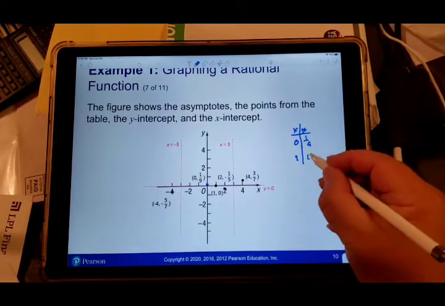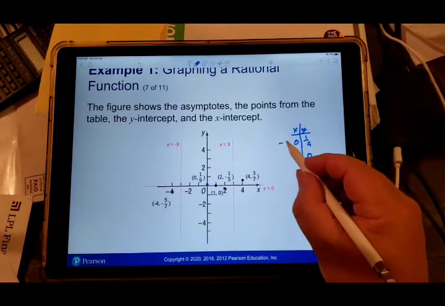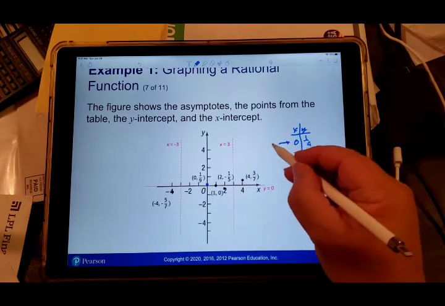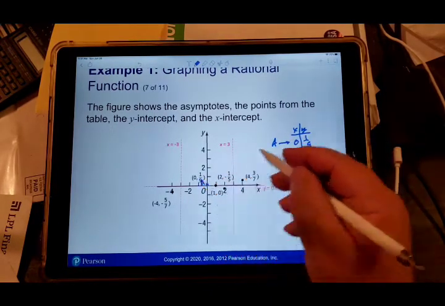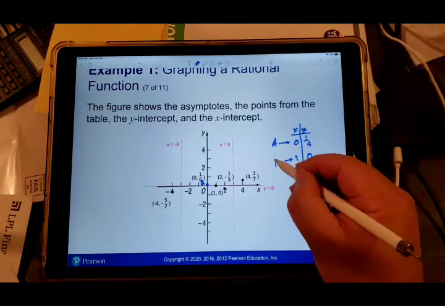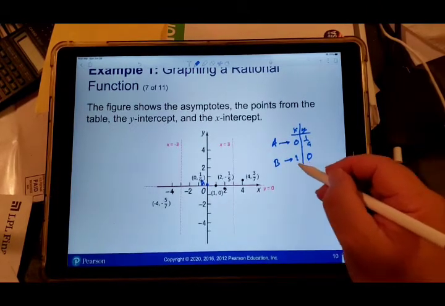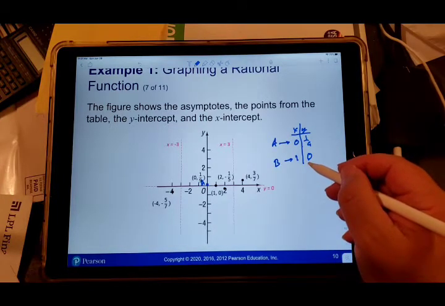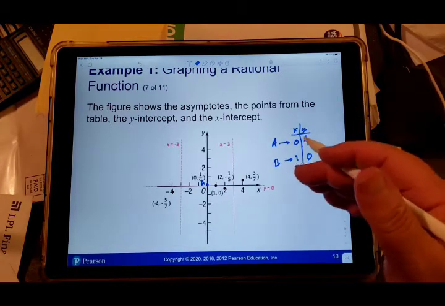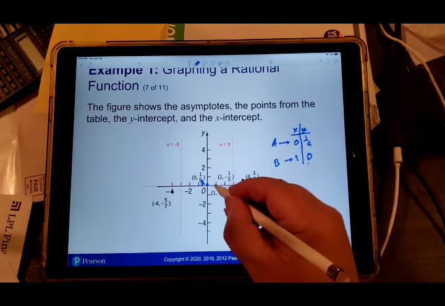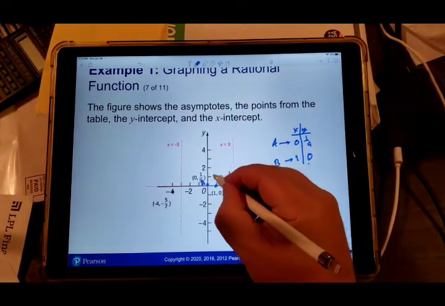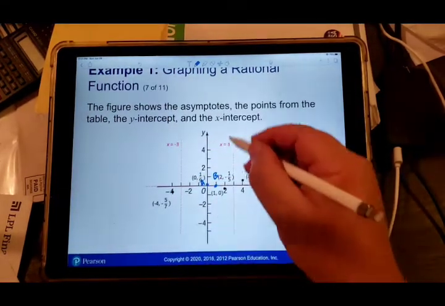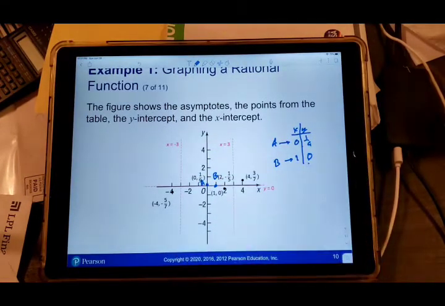Now, when I say we know these, remember, it was our obligation to put in 0 to find this intercept. And we're also obligated to, because we know they're going to ask, find the y-intercept or the x-intercept by letting the numerator equal 0. So it'd be this point. Of course, the asymptotes, because the denominator is equal to 0.